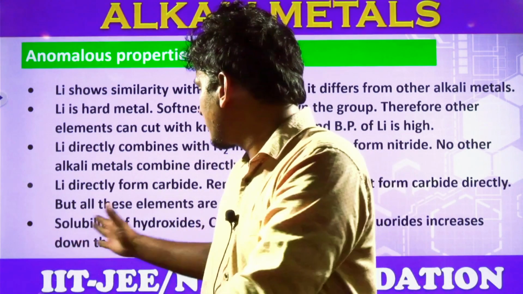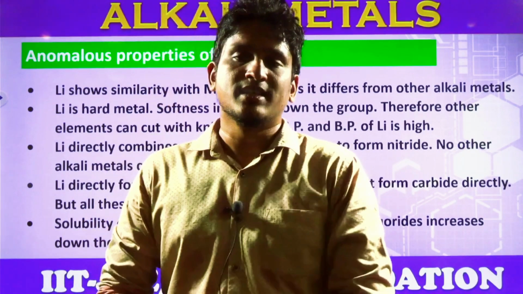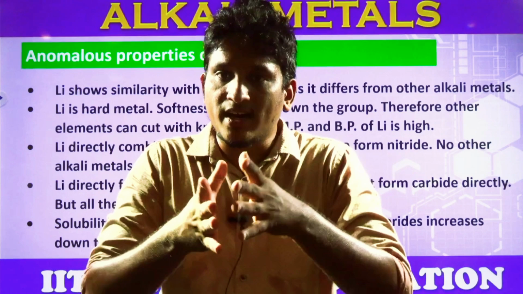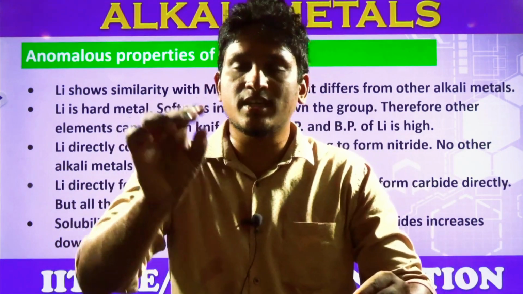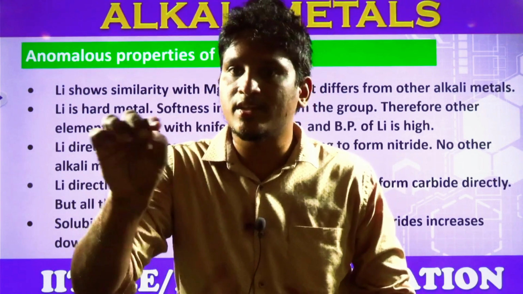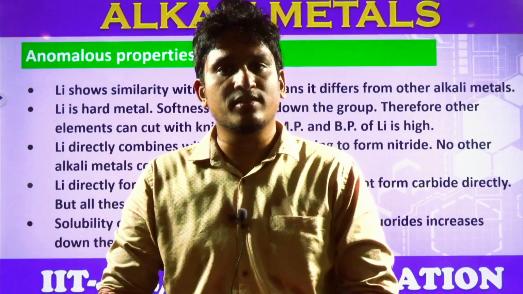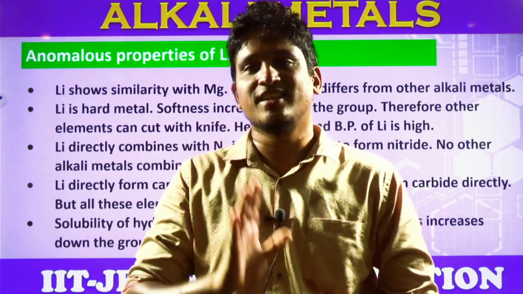Take lithium hydroxide and cesium hydroxide. Which can easily get into the spaces and easily release OH- ions? You already know the answer. The answer is cesium hydroxide, students. Why?